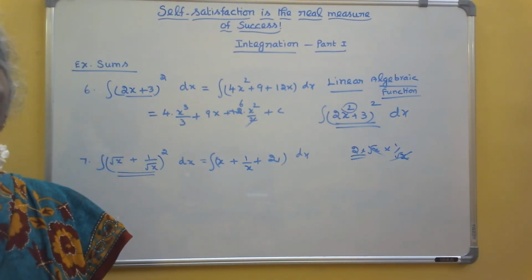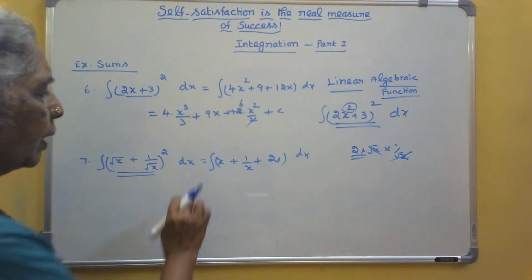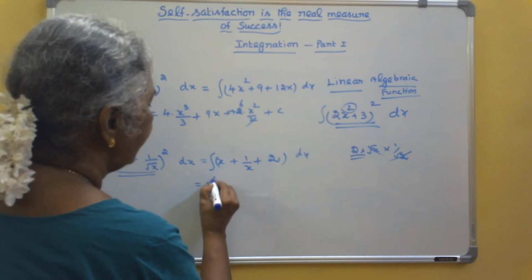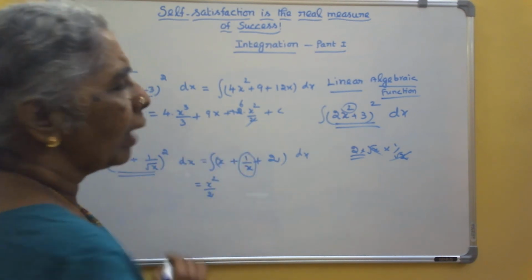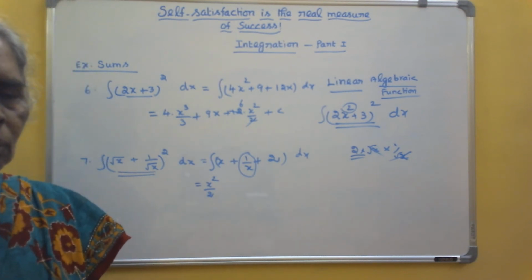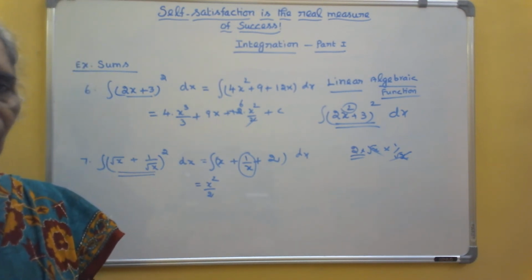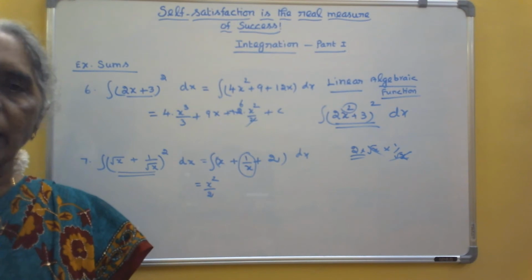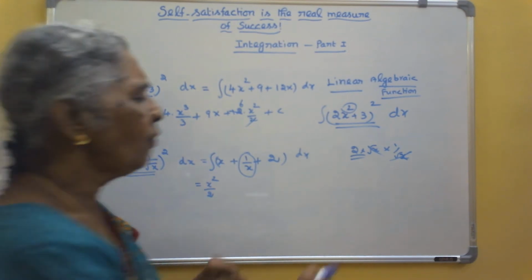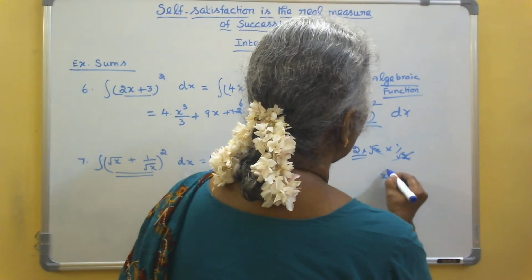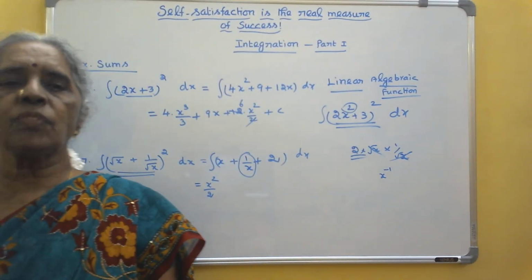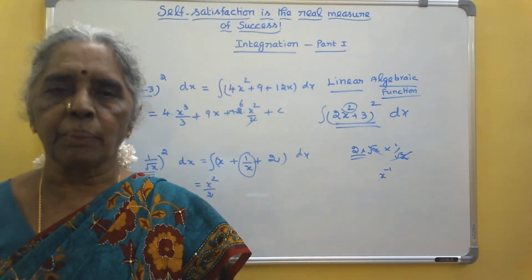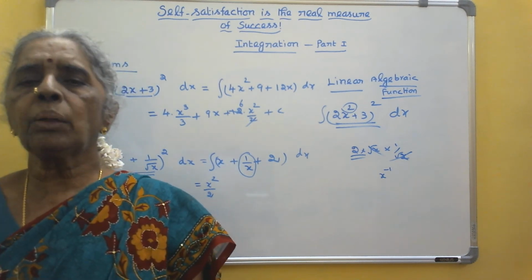Now listen carefully. For this x I can write x squared by 2. Here you have 1 by x. Now you may think you can take it to the numerator, isn't it? If you take it to the numerator, what happens? x power minus 1. Now you remember in the first formula I told you that n is not equal to minus 1.